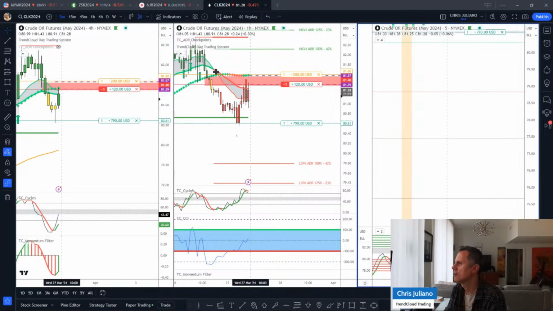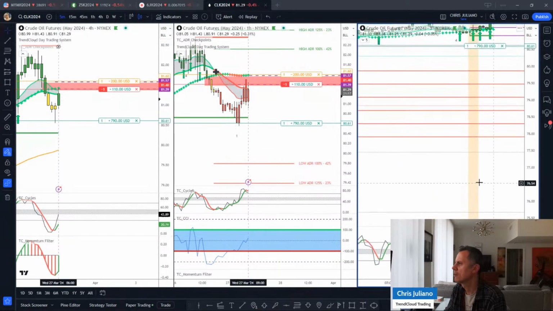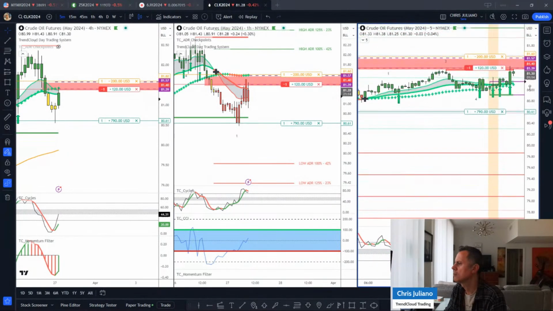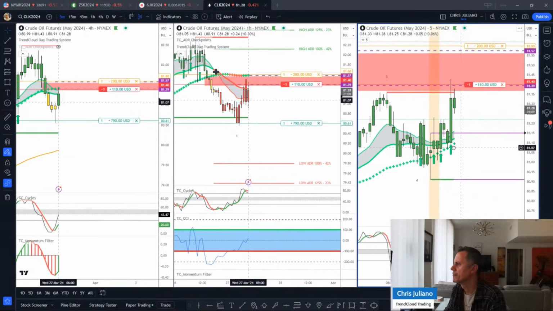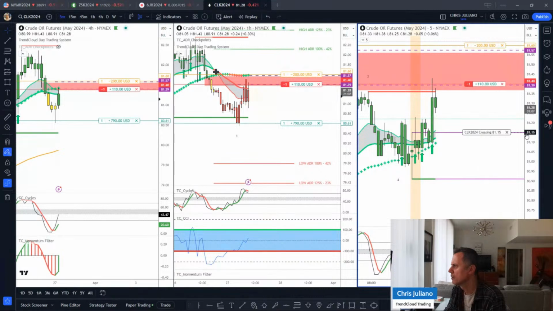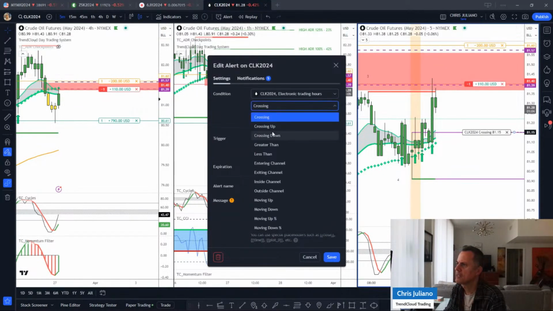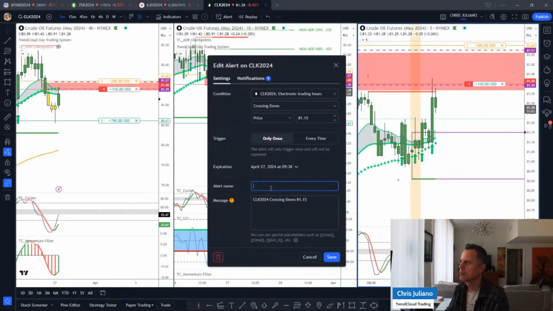Oh no, I hate when that happens. Okay, cool. Crossing down. This is crude oil. Crude oil open range hit.